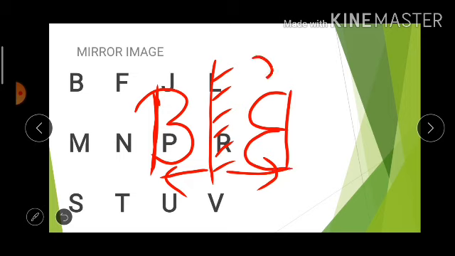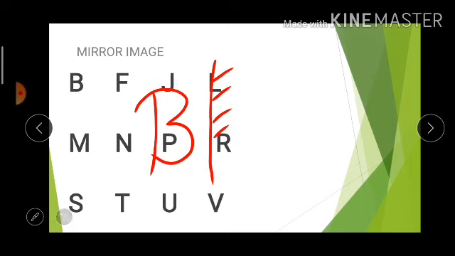You are not supposed to make a C that was there, a semicircle that was originally there. You have to change its orientation, that is, it will be in inverted form.